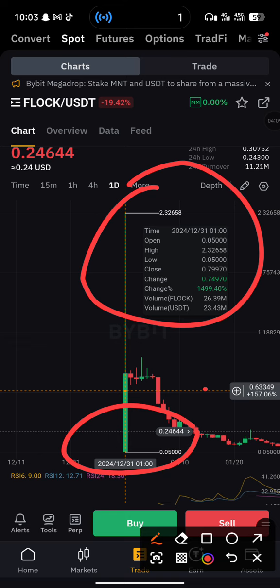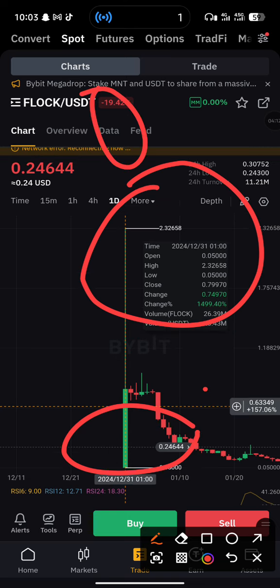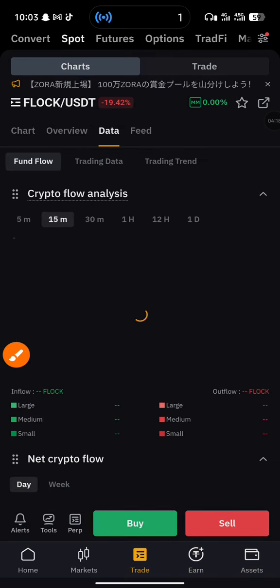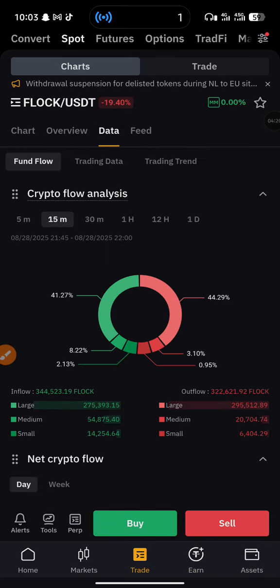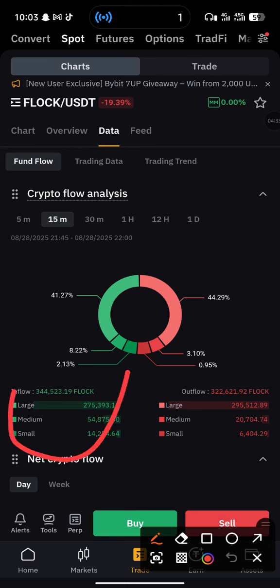One thing I always tell you to do again is to look at the data. Look at what this coin is promising, look at the inflow and also the outflow. I have shown you all this before.